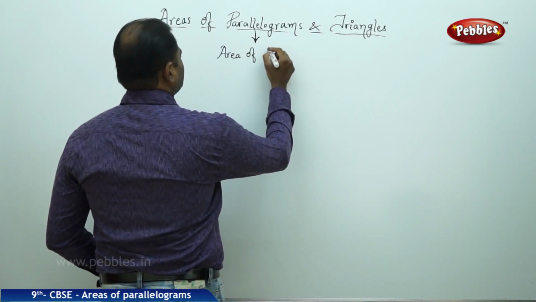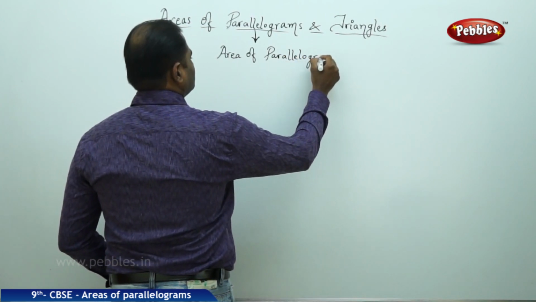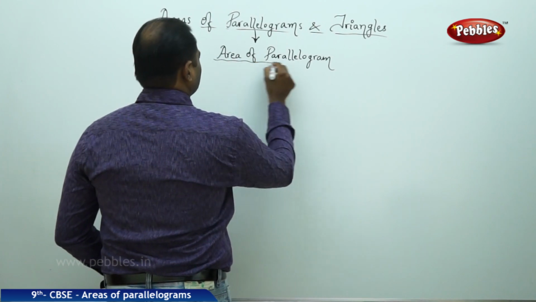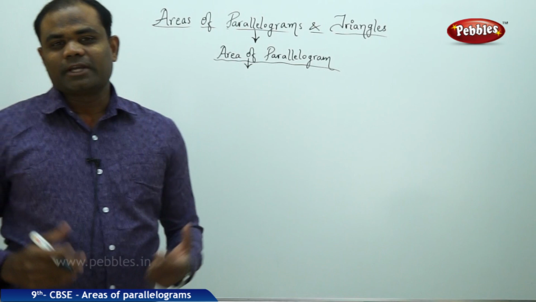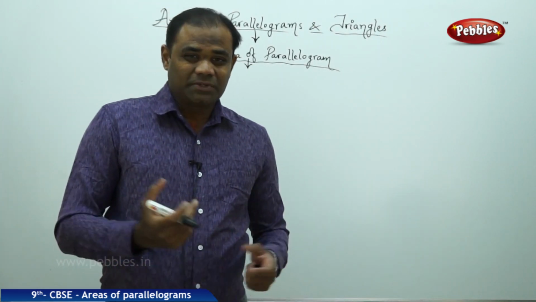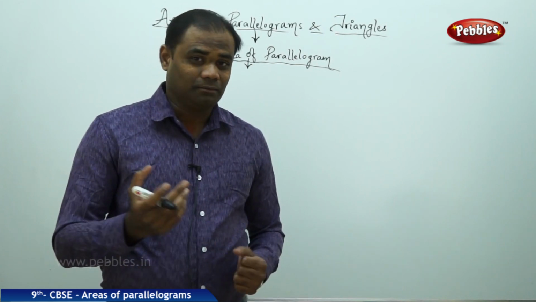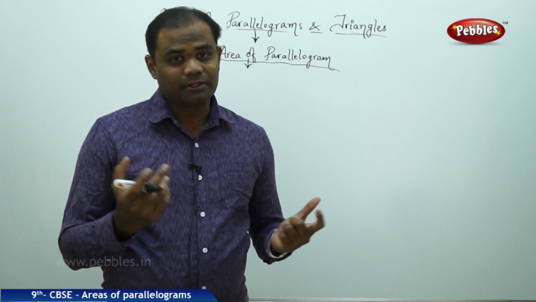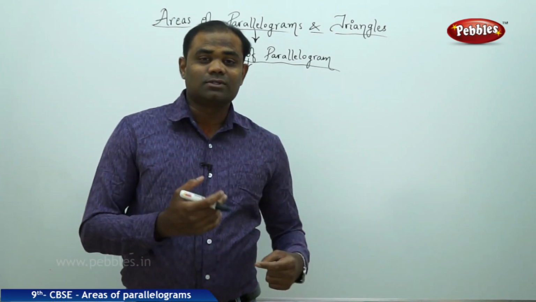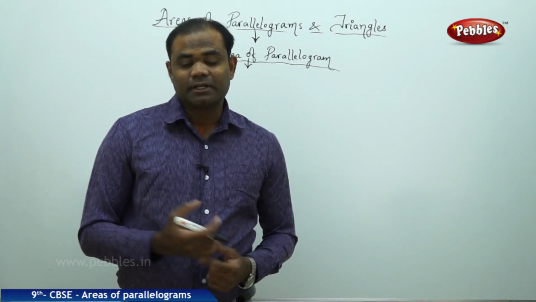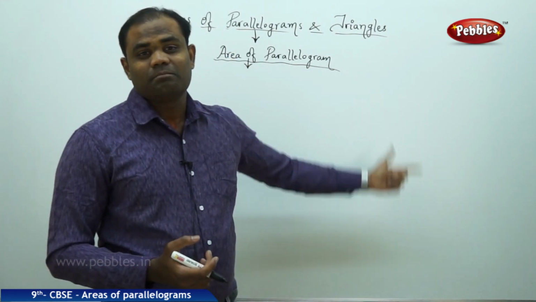What is the area of a parallelogram? Just like the area of a triangle is half into base into height and the area of a rectangle is length into width, similarly the area of a parallelogram has its own specific definition. Let's see what formula we can derive for the area of a parallelogram.